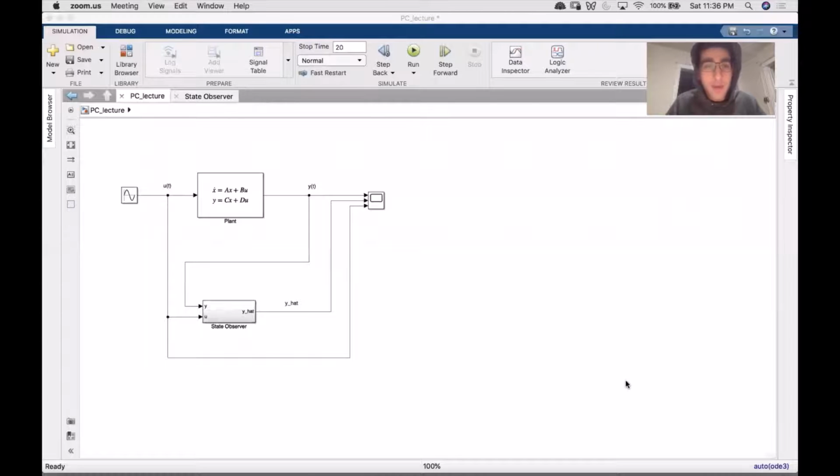Okay, now that Patrick has discussed the theory and principles behind designing Luenberger observers, I'd like to demonstrate an example of how we could model the performance of such an observer using Simulink. For this example, I've taken a simple system.